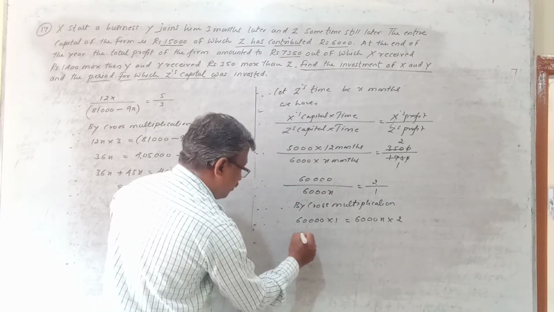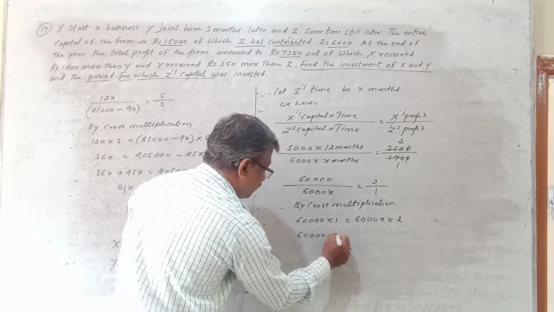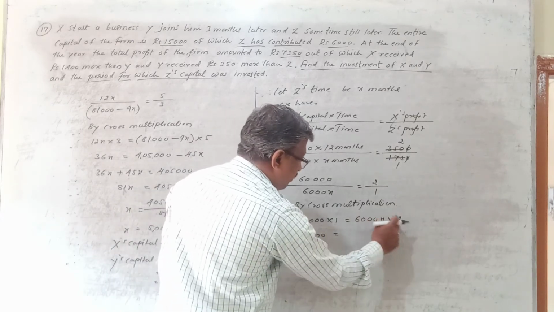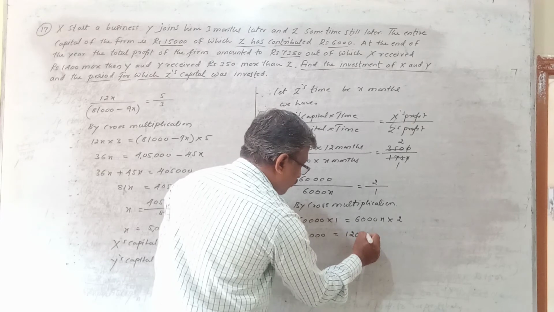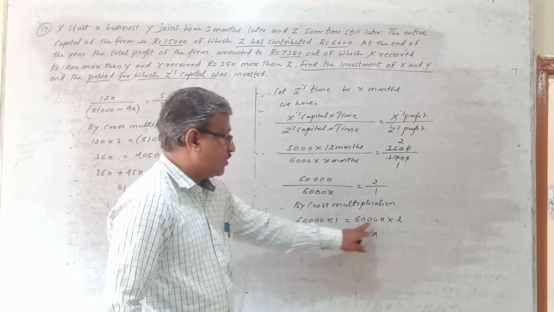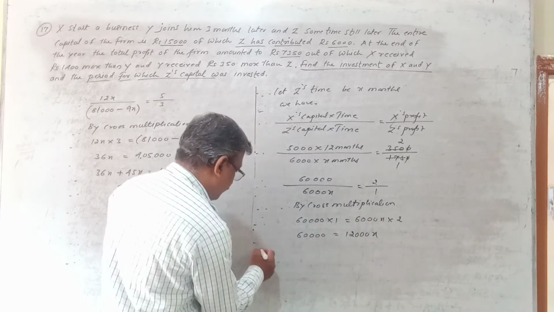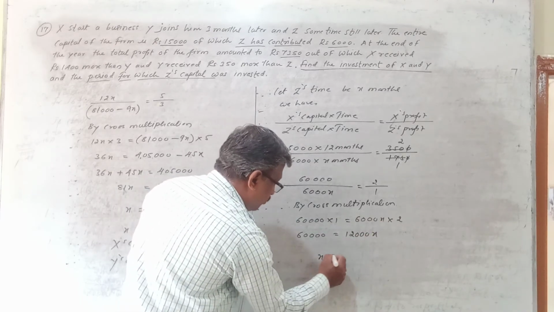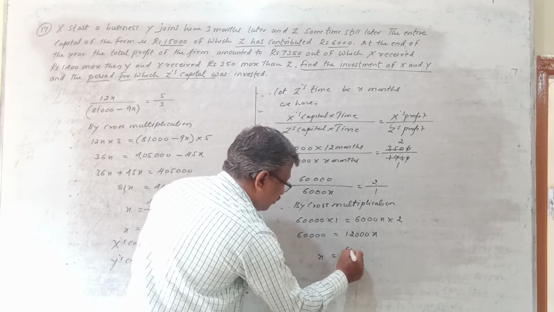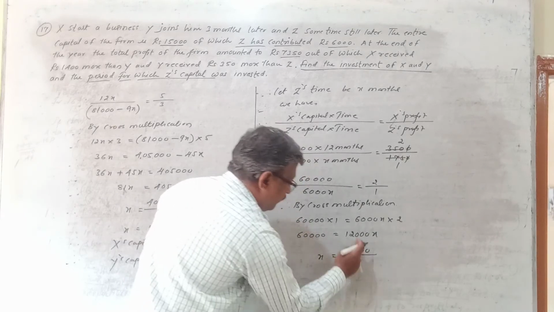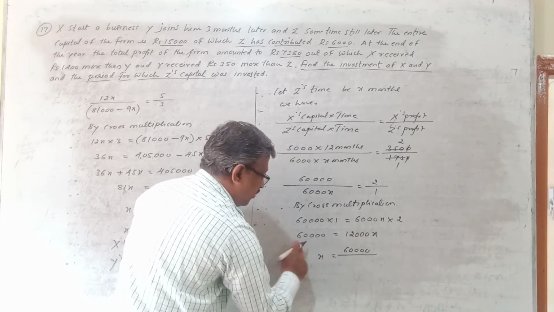Now multiply 60,000 into 1, you will get 60,000, equal to 6,000 X into 2, which is 12,000 X. Now I want the X value. So X is equal to 60,000, and if you transfer 12,000 to this side, multiplication becomes division.